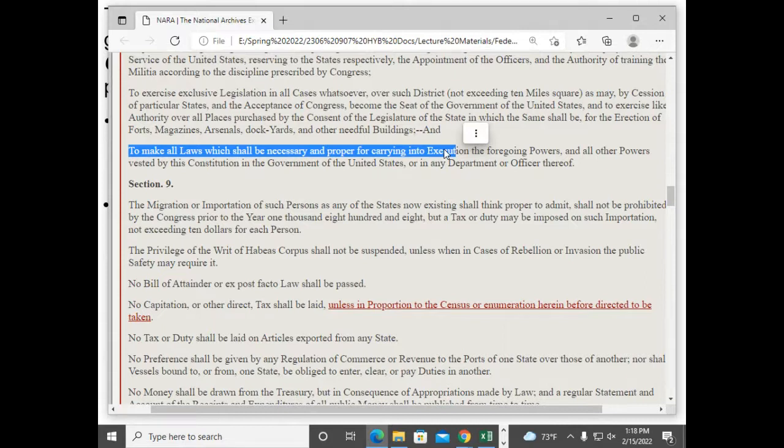So what the Supreme Court concluded was that you don't have to have health care insurance under Obamacare. You can choose not to have health care insurance. But if you choose not to have health care insurance, Congress can impose a tax penalty on you. Congress does have the authority to do that.